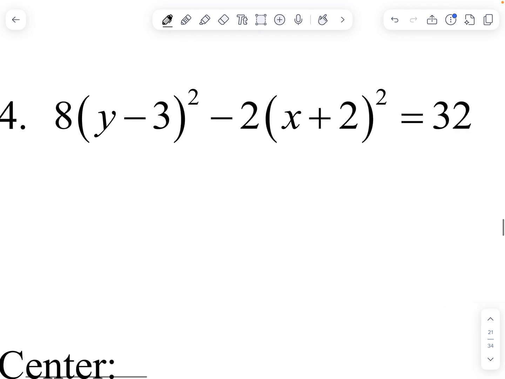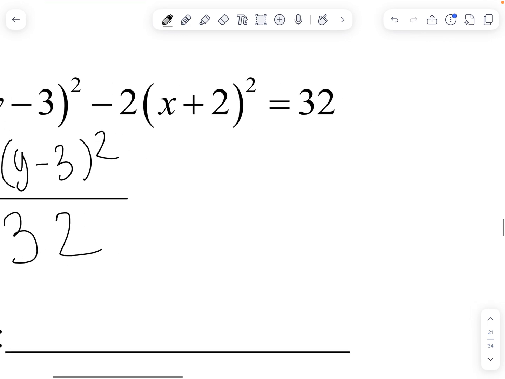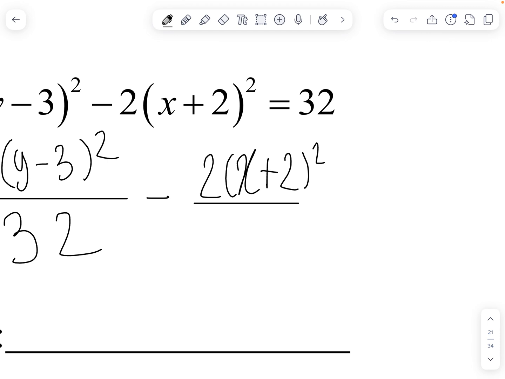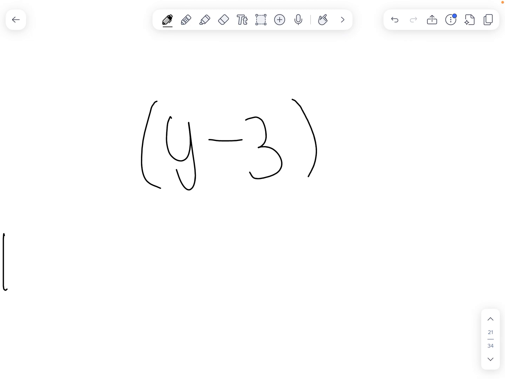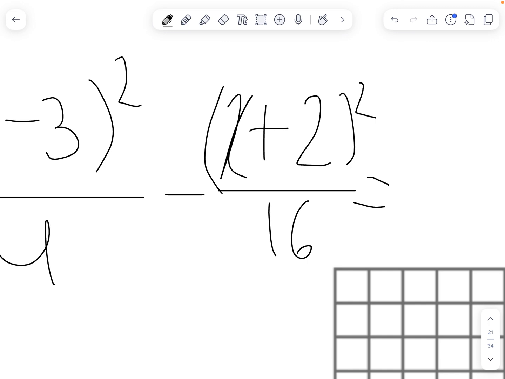Dividing both sides by 32, we'd get 8, y minus 3 squared, minus 2x plus 2 squared over 32 equals 1, and this translates to y minus 3 squared over 4 minus x plus 2 squared over 16 equals 1.